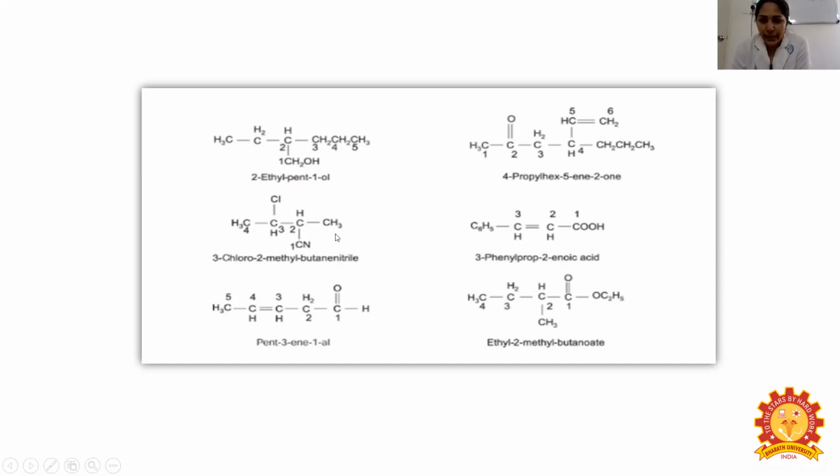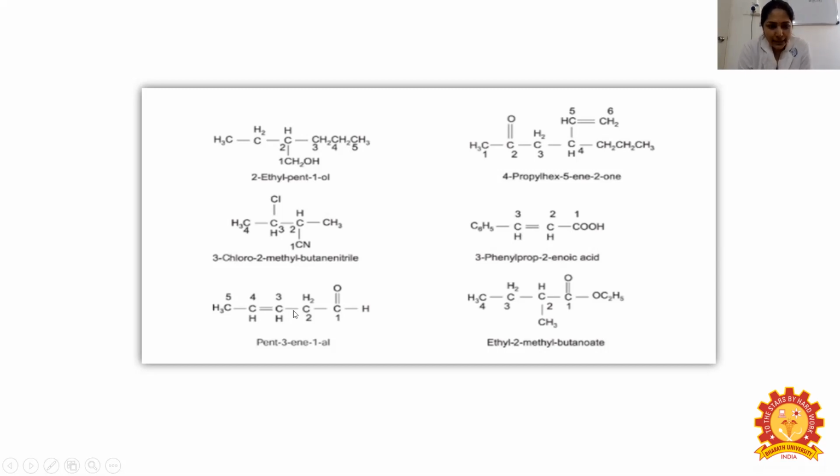Next, 3-phenylprop-2-enoic acid. So this was ene, this was oic acid, that is carboxylic acid, so enoic acid. For the second position, only enoic acid. So 3-phenyl, yes, phenyl. 3 carbon atoms, so prop-2-enoic acid.